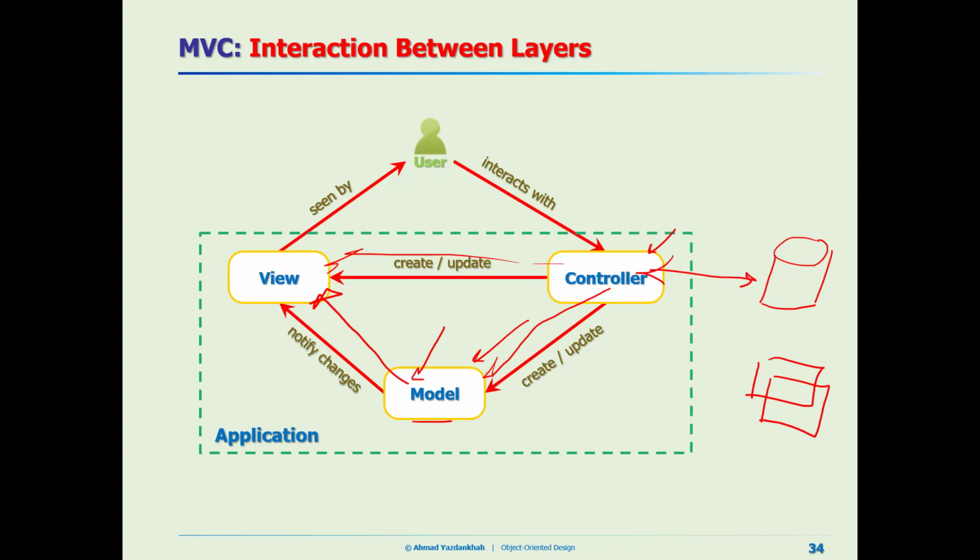So that's why I said that the controller can have several layers by itself. For example, one layer's job is to communicate with the database, or with flat files or file systems, or web services. Anyway, so here was how the MVC, or model view controller, works.